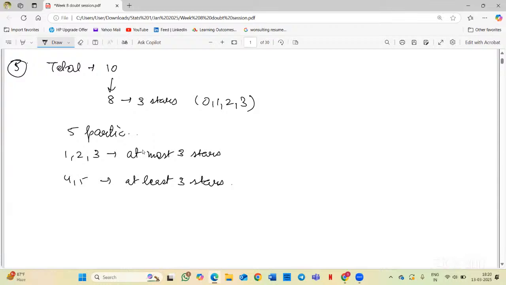Understood? Yes, ma'am. So now what are the cases? First we'll take 3 out of 8, then 4 out of 8, then 5 out of 8. We'll choose 8C3 into 2C2.